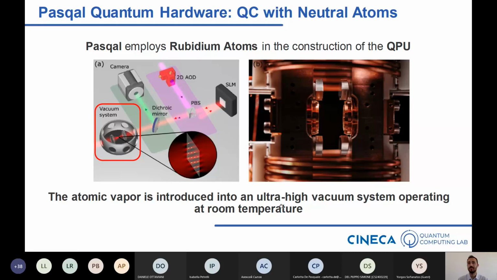You still have to produce an ultra high vacuum, but they can definitely work at room temperature. We're going to also see this one in the next few slides.